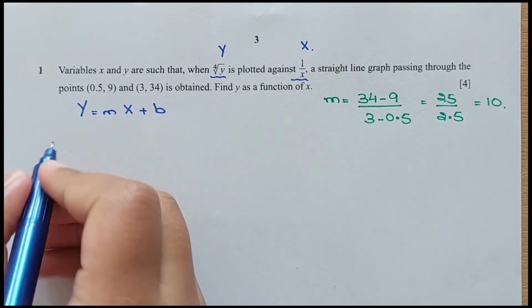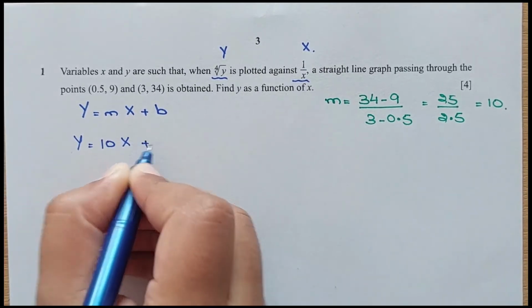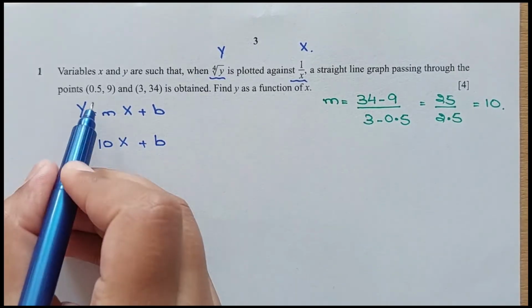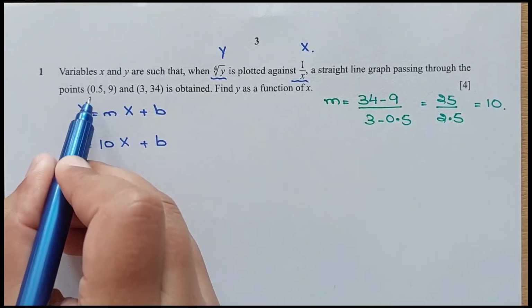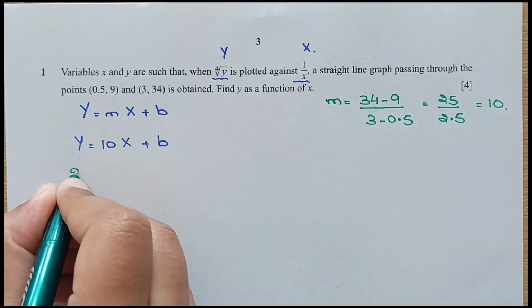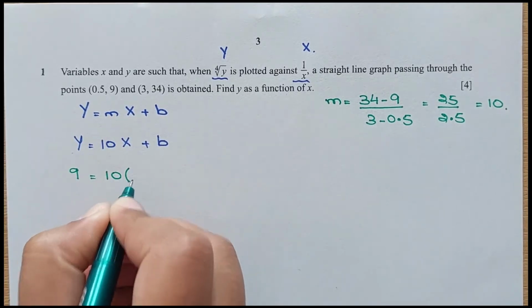So just substitute 10: y equals 10x plus b. To get the value of the y-intercept, you can substitute the first or the second point. This is the x and this is the y. So y is 9 equals 10 times x, which is 0.5, plus b. You can substitute the second point as well.